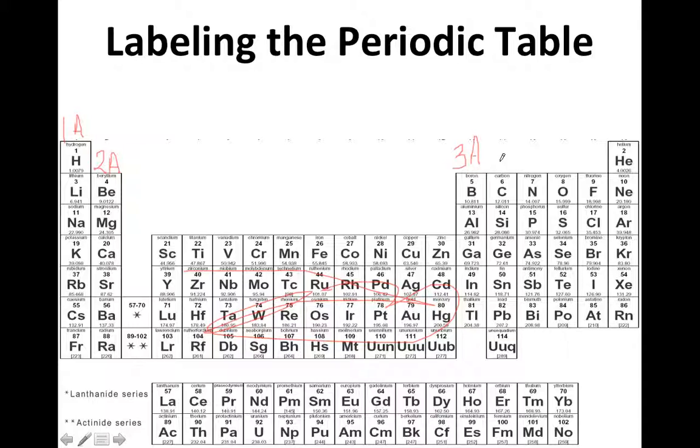All of these have 3 electrons in the outer shell. 4A, 4 electrons in the outer shell. 5A, 5 electrons. 6A, 6 electrons. And 7A, 7 electrons in the outer shell. And the last column is 8A.